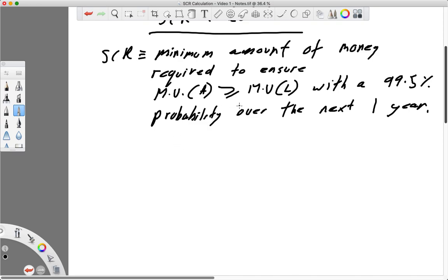So that's the definition. That's what we need to work out: the amount of money so that MV of A is greater than or equal to MV of L with a 99.5% probability over the next 1 year.